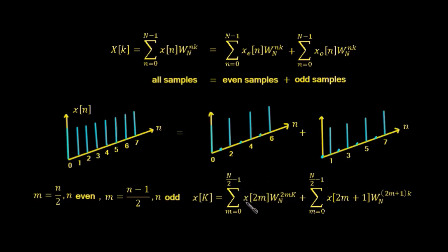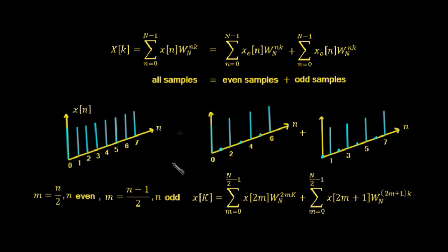And the first lot of samples here, the even lot, would be x of 2m, and this would be w subscript n to the value of 2mk, and the odd parts would then be given by x of 2m plus 1, m equals 0 to the limit n upon 2 minus 1, and again the omega n here would now be 2m plus 1 times the value of k.